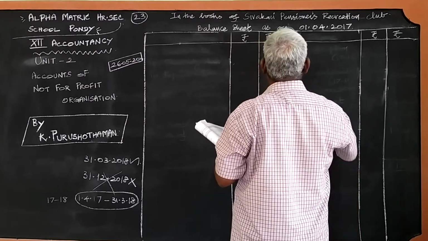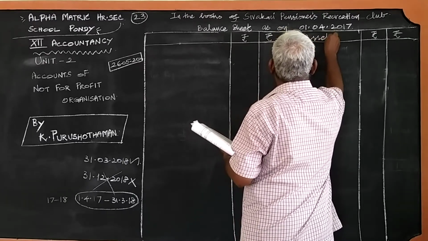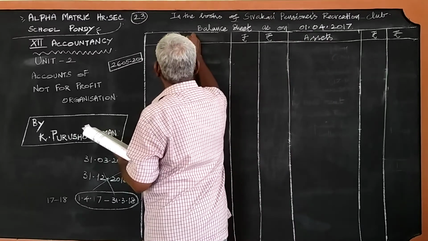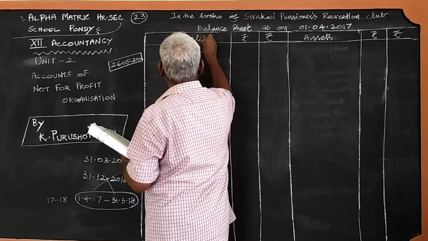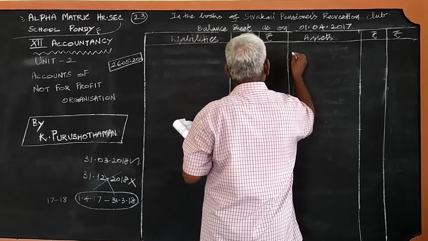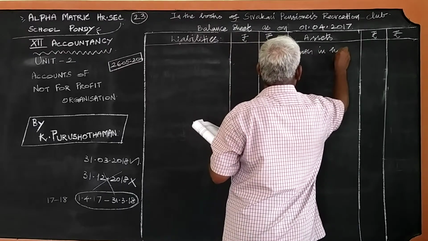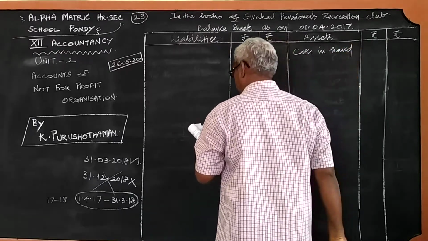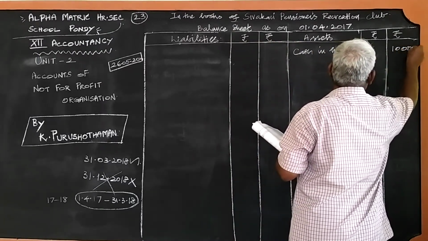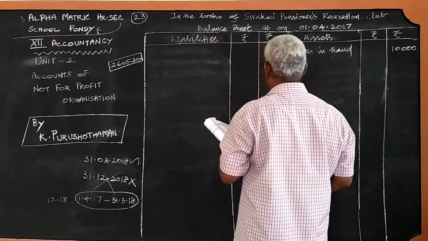Cash in hand. This is asset. And this one is liabilities. Under assets, what we should write? Cash in hand, 10,000.